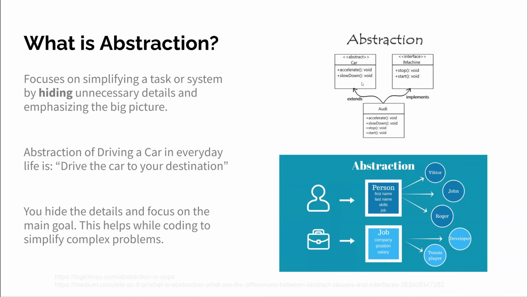So as you can see, from Audi up to car, this is abstraction. You hide the unnecessary details, like the name of the brand. We're not interested in the name in this example, so we abstract, and this abstraction is basically focusing on what is important. Now, this is in databases.